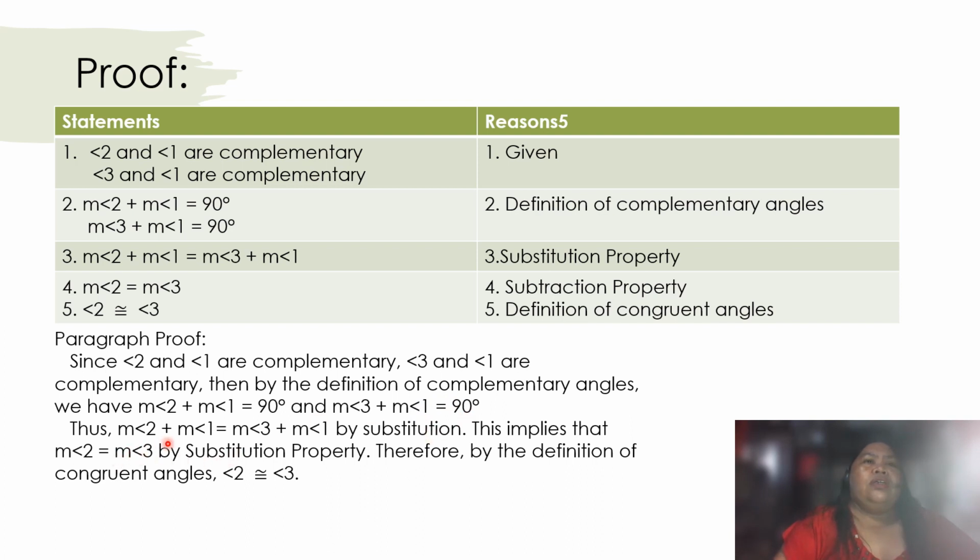Thus, measure angle 2 plus measure angle 1 is equal to measure angle 3 plus measure angle 1 by substitution. This implies that measure angle 2 is equal to measure angle 3 by the subtraction property. Therefore, by the definition of congruent angles, angle 2 is congruent to angle 3.